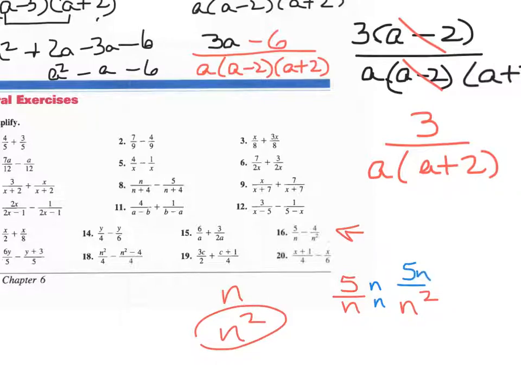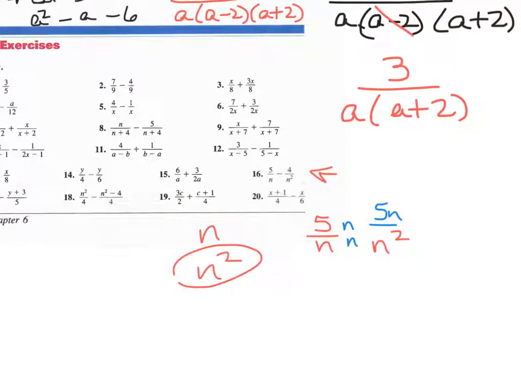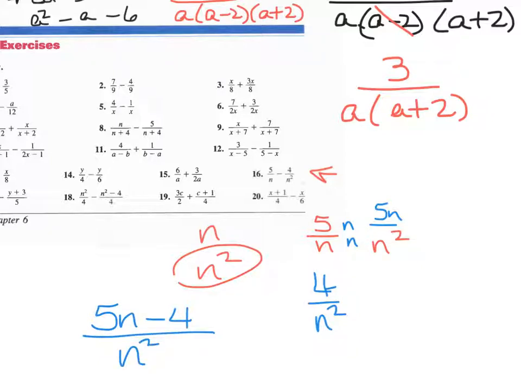So the new fraction here is going to be 5n over n squared. And then over here, 4 over n squared is already the same. So you're leaving that one alone. So the problem you're going to do is 5n minus 4 over n squared. And then notice on this one, nothing to simplify, nothing cancels, so you're done.